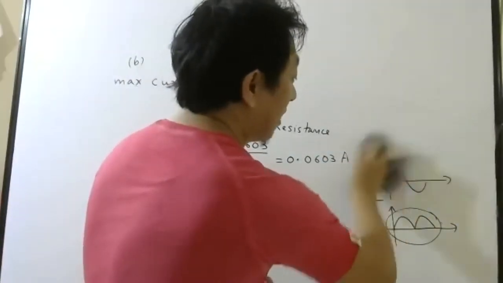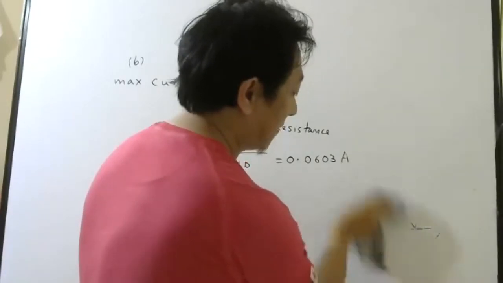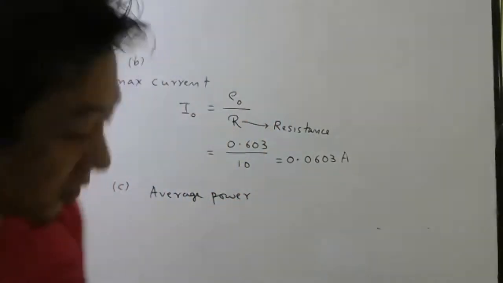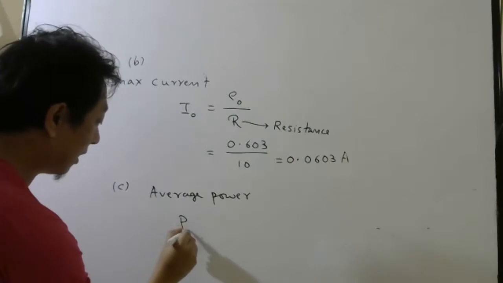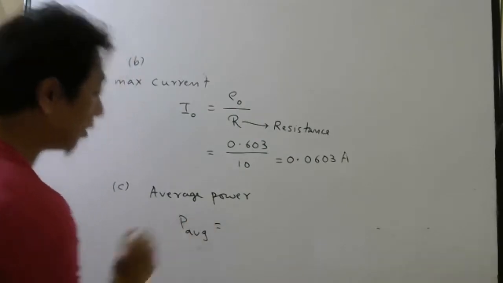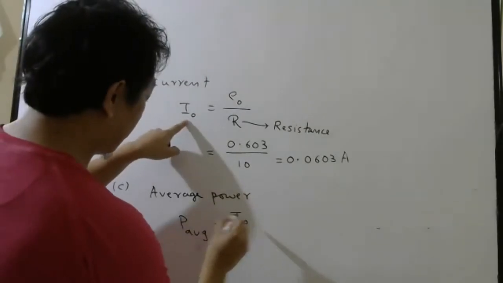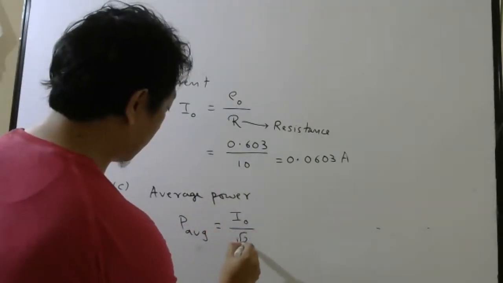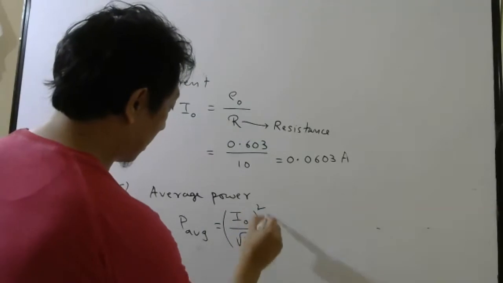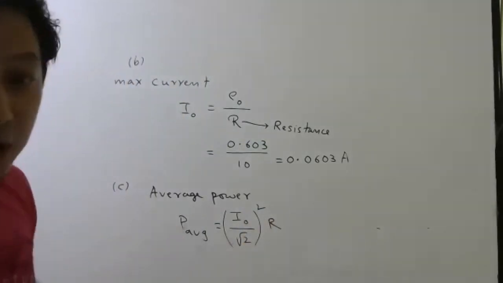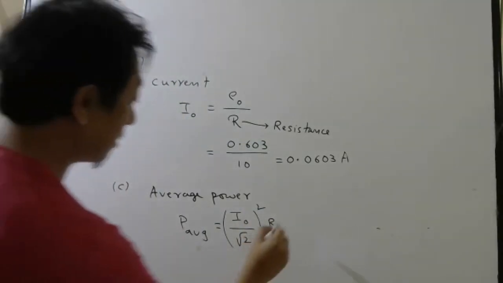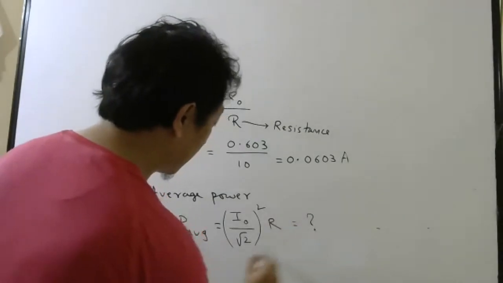But you cannot directly write I square R. So for that, I will give you the formula, but later you will understand. Maximum current by √2 square into R. So this is the formula we have to use. So this you can calculate later.